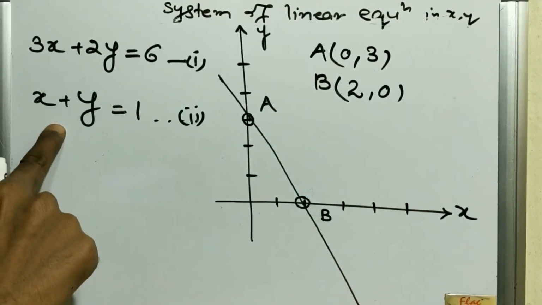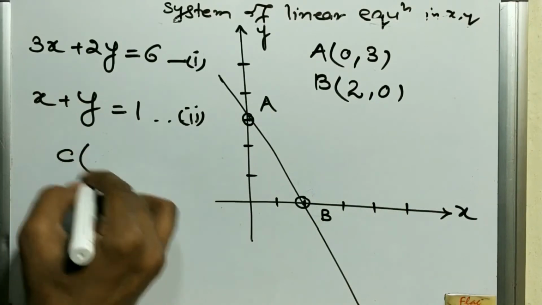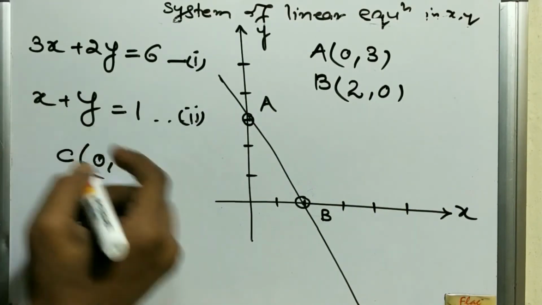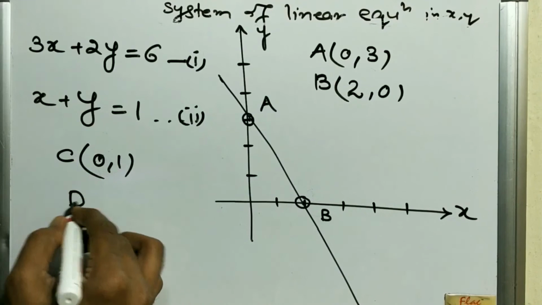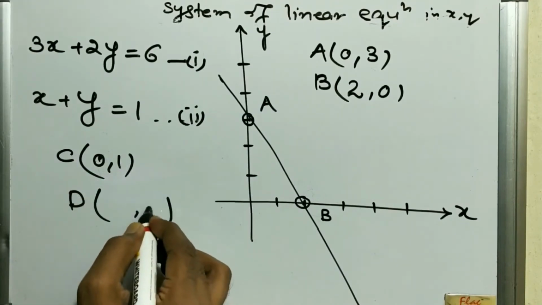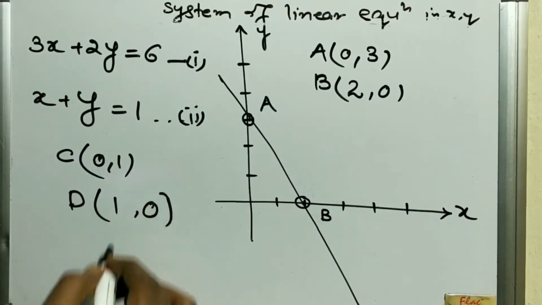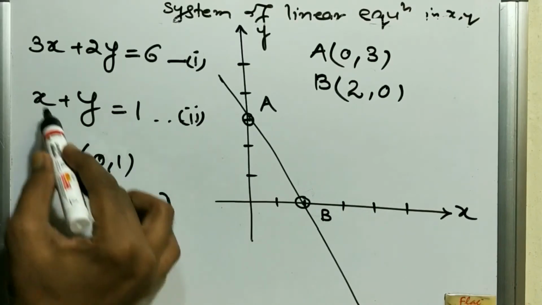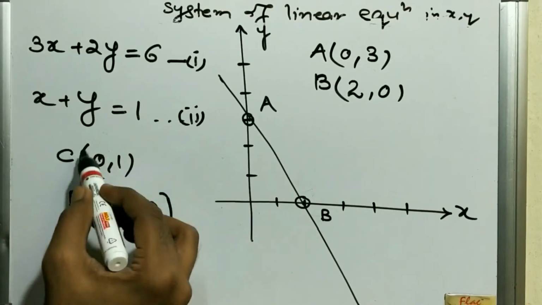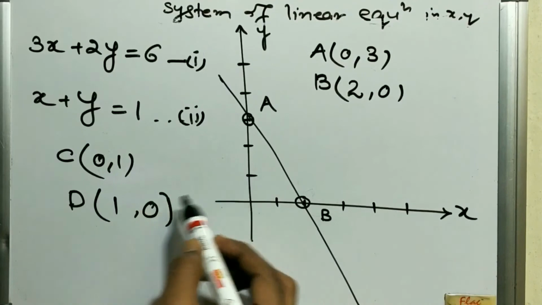For plotting straight line 2, we will again consider point C, for x is equal to 0, the coordinate y is 1, and point D, for y is equal to 0, the coordinate of x is 1. So we will plot both the points on this plane.